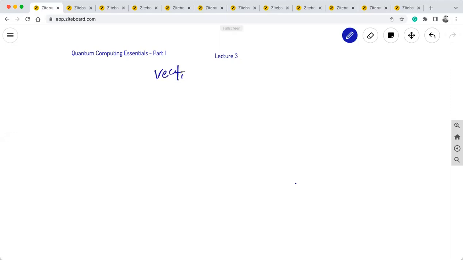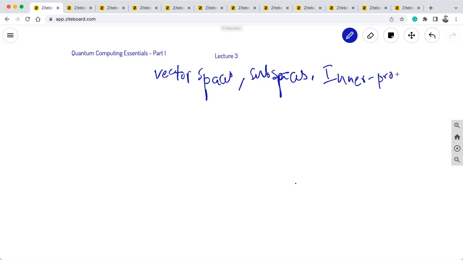So today we'll formally discuss vector spaces, vector subspaces, and a little bit about the inner product space, because all these terms are very important to understand the Hilbert space and the space of the quantum state vectors.